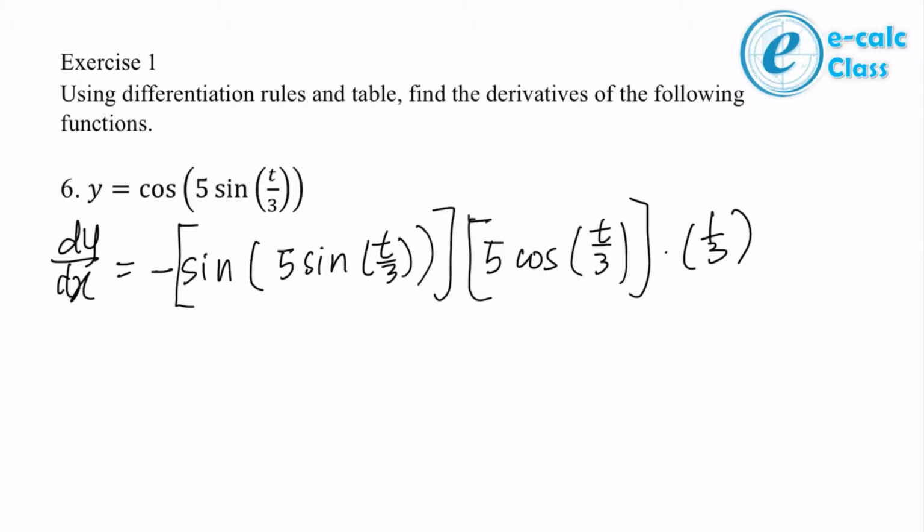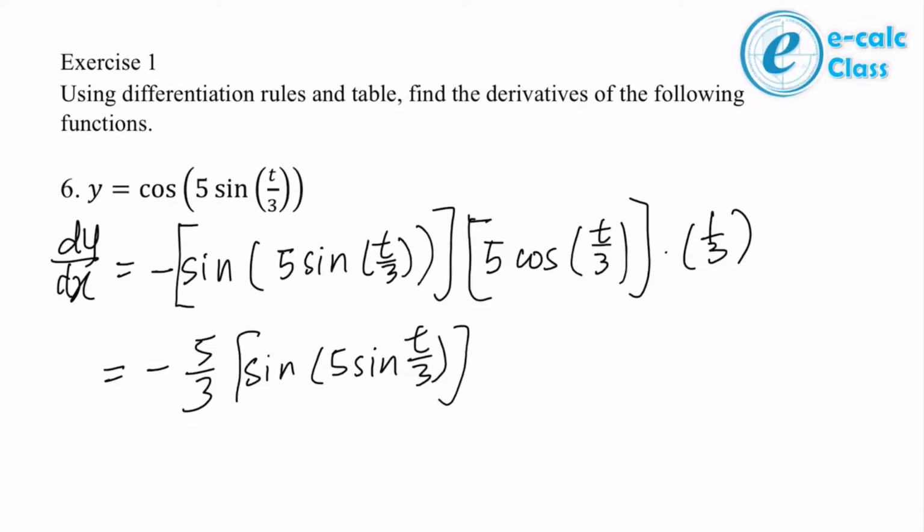And I think the most you can do is to take out the constant, negative 5 over 3 sine of 5 sine t over 3, times cos t over 3. This is the most you can do. Okay? So you just need to do a lot of exercises, then you get used to this chain rule. You should be able to do it very quickly.